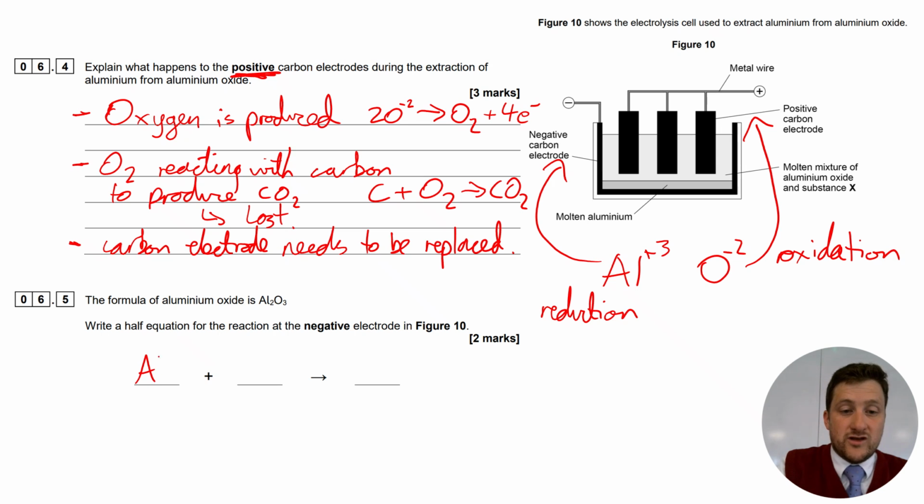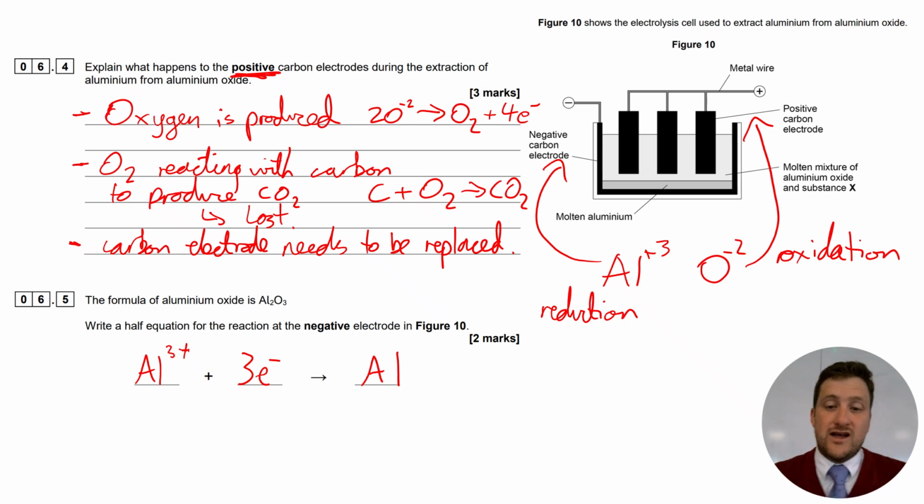So we can start with Al³⁺, and if it's being reduced, it is gaining electrons, and that 3+ charge means it is going to gain 3 electrons, and it is going to turn into aluminium metal, the element aluminium.